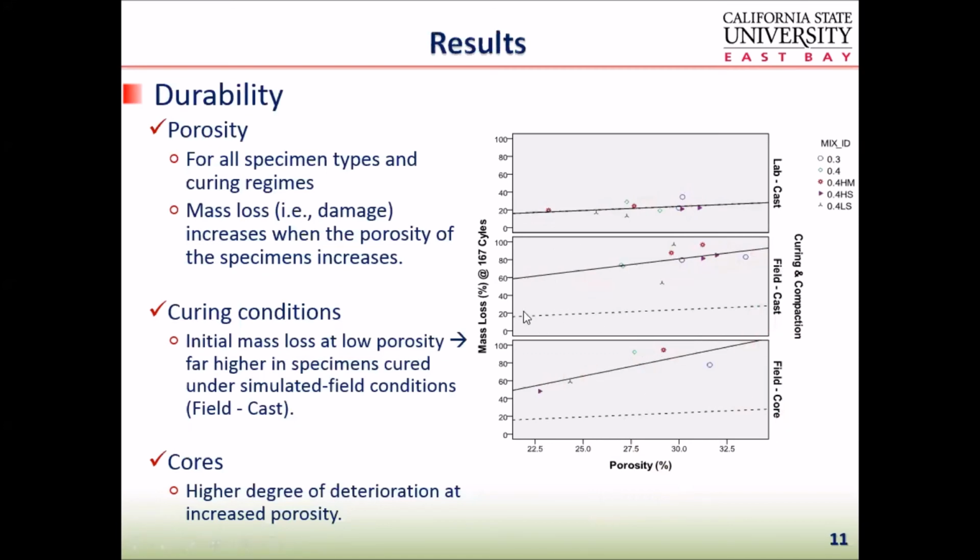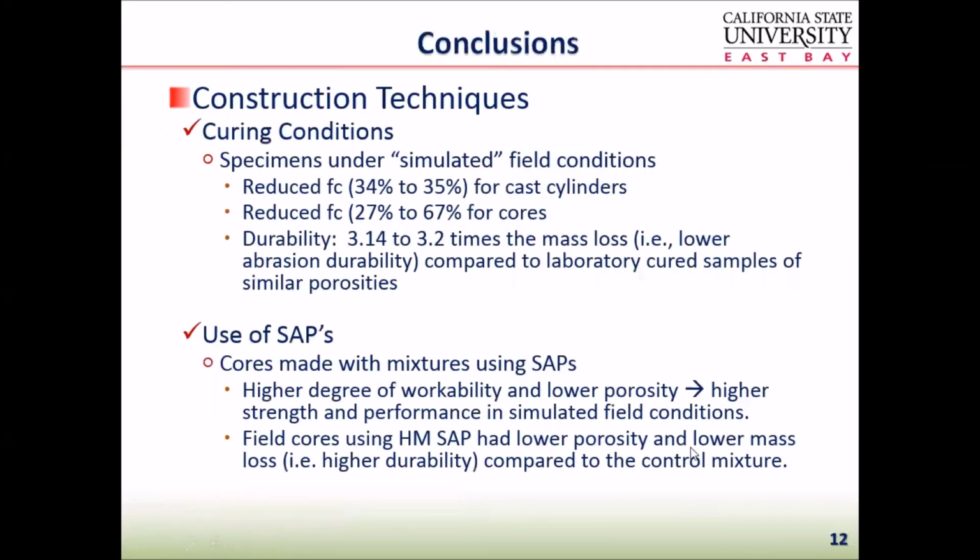Of course, when you see the lab conditions versus the field conditions, overall the mass loss is significantly higher when you have field conditions. You can see this versus this and this versus that. Cores tend to have a higher degree of deterioration, especially at higher levels of porosity.